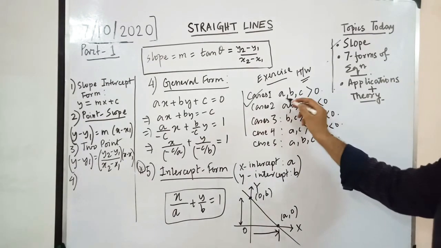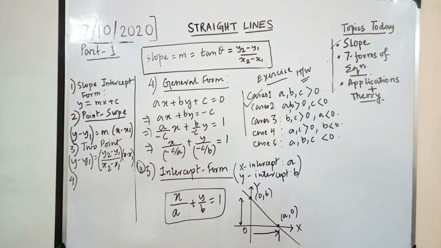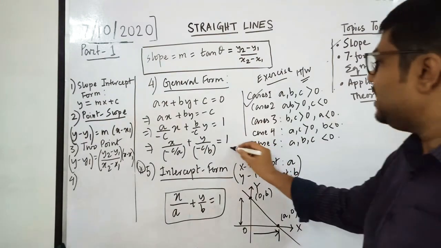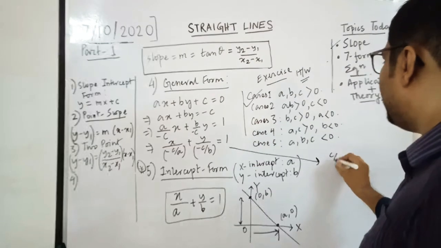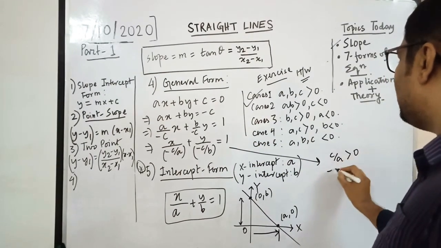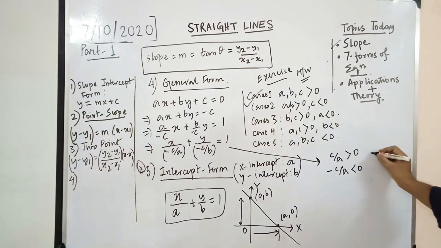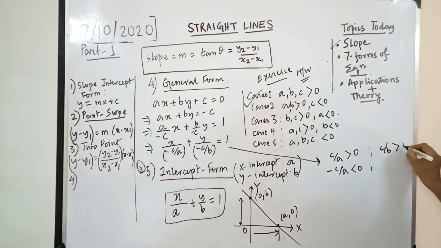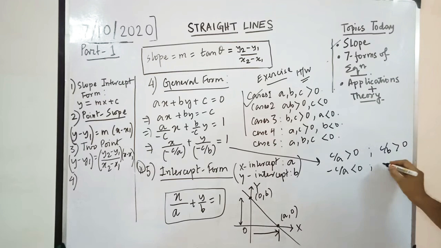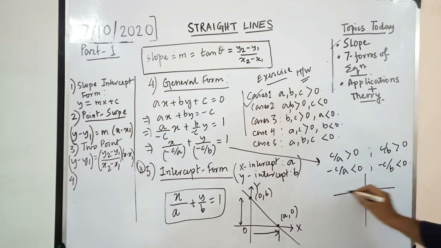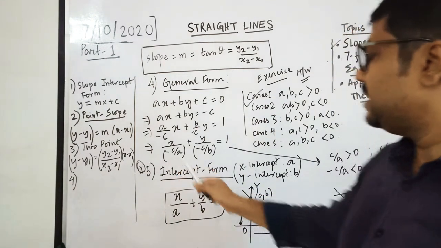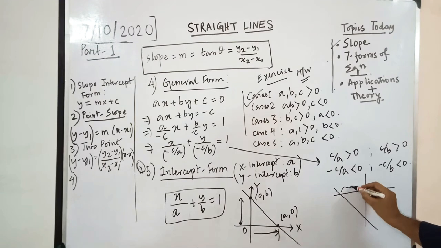So if a, b, c all of them are positive, what can we infer? We can infer that c by a will be positive, so minus c by a will be negative. Similarly, we can also say that c by b is positive because they are positive, and minus c by b will be negative. So this line will look like this. Why? Because this intercept is negative actually.